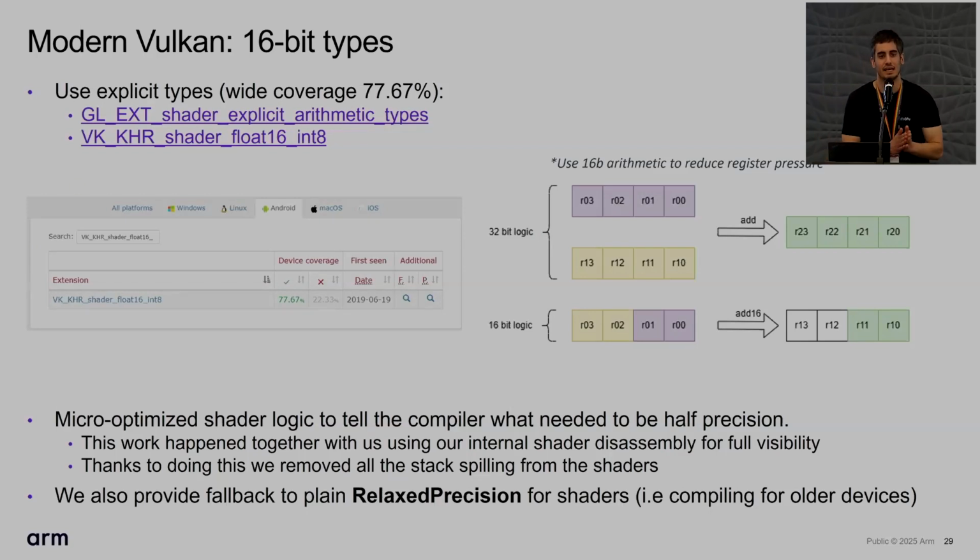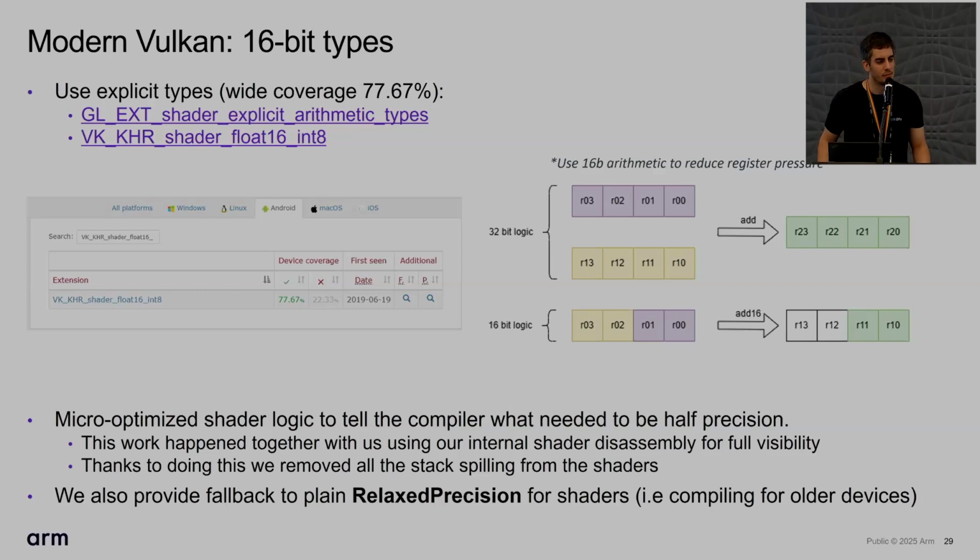Modern Vulkan. Our shaders, by default in the standalone backend, will try to use the explicit types. I thought that with modern Vulkan devices nowadays, there's wide coverage for 16-bit arithmetic, so why not? In any case, we have some macros in the shader that you can use for disabling the explicit types if you want to fall back to the traditional relaxed precision.